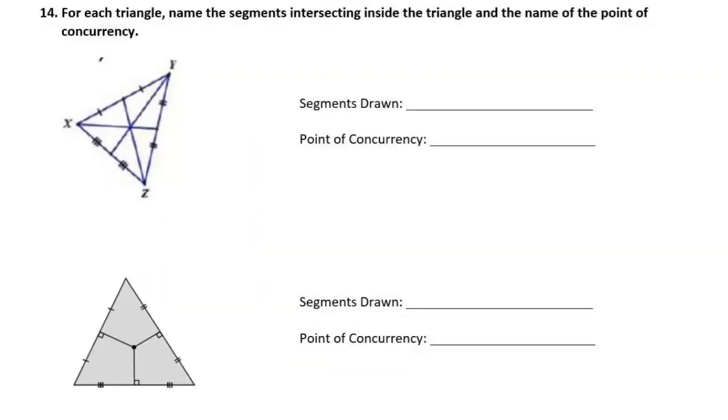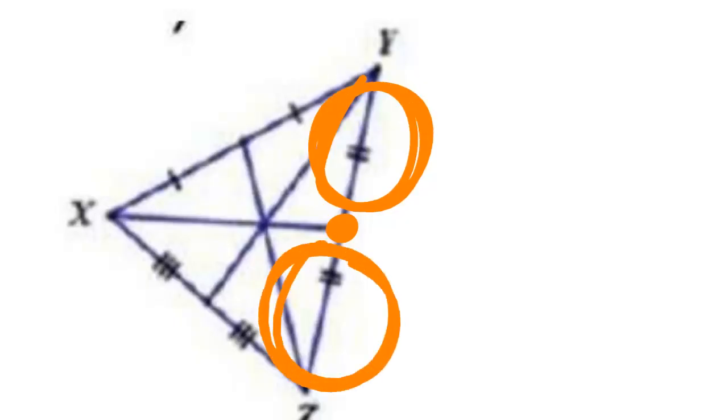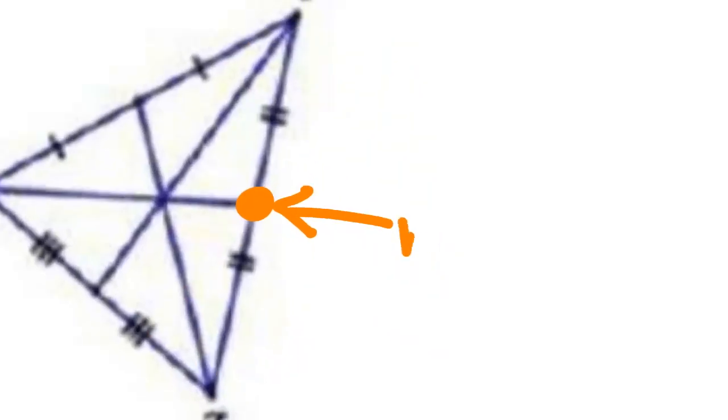All right, so let's look at the top picture. When I'm looking at this top picture, I notice these markings here. What do we use those markings for? To show congruence, yes. If this segment right here is congruent to this segment right here, what do we call this point? The midpoint.